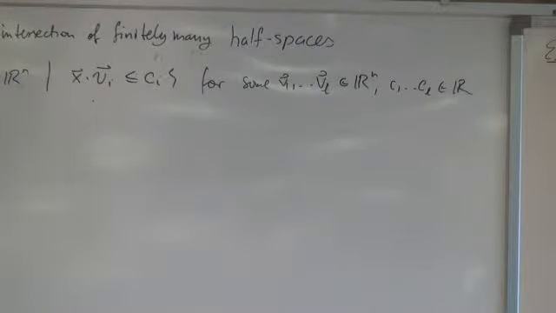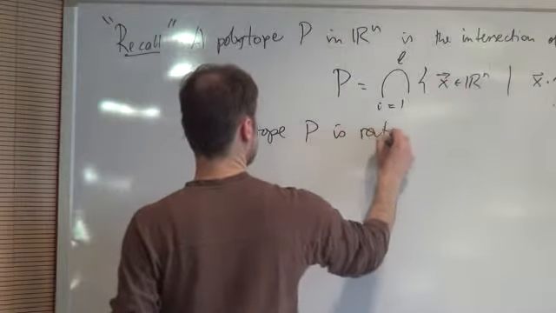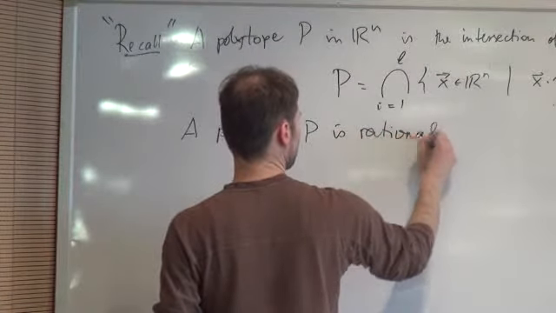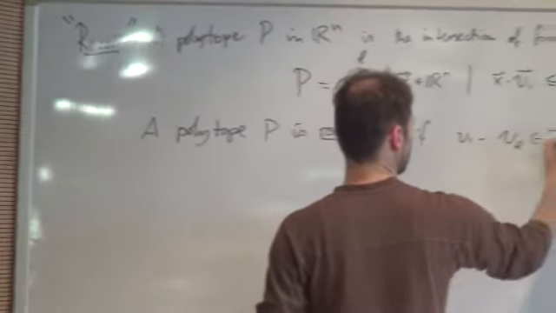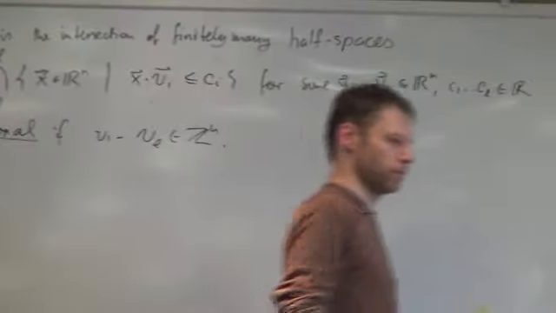So a polytope P is rational if v1 through vl sit inside the integral lattice Z^n.